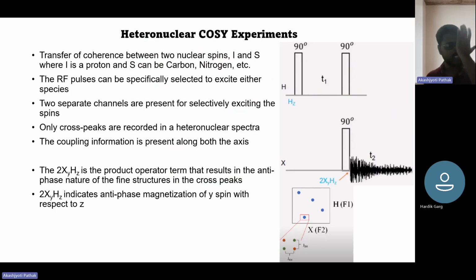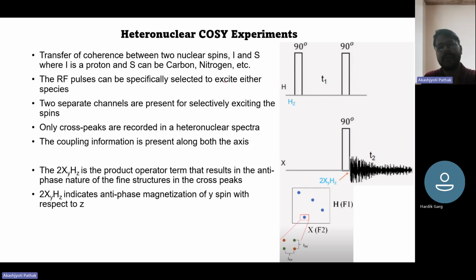Now coming to the heteronuclear COSY experiment. As the term suggests, heteronuclear COSY means there will be two nuclei, I and S. So I here means the proton, and S can be any atom. It can be carbon, nitrogen. In the heteronuclear COSY experiment, the RF pulses can be specifically selected to excite either species.